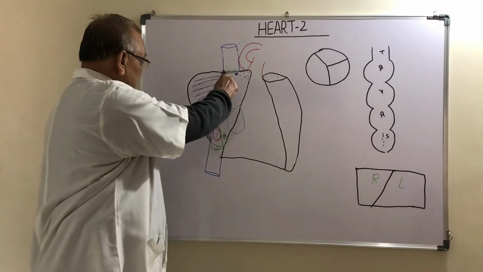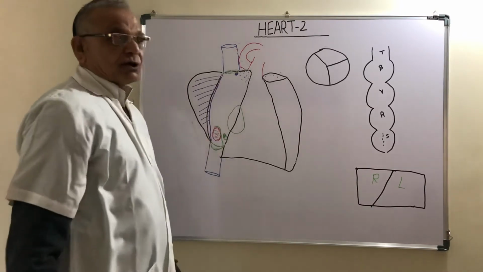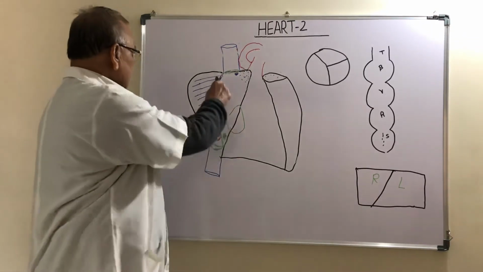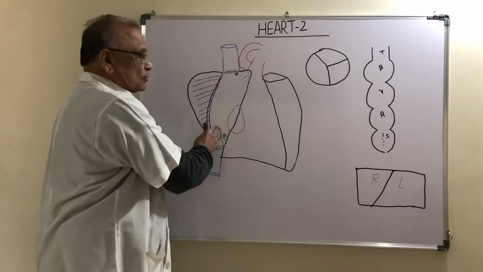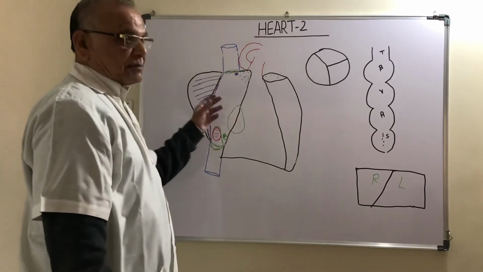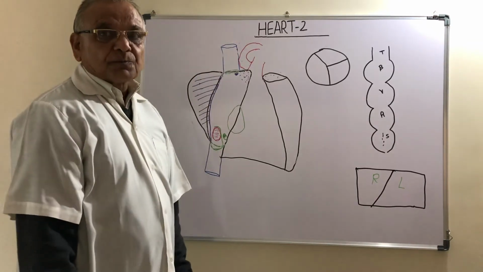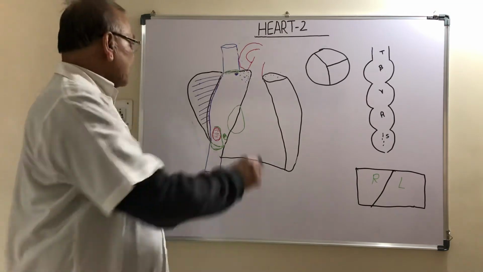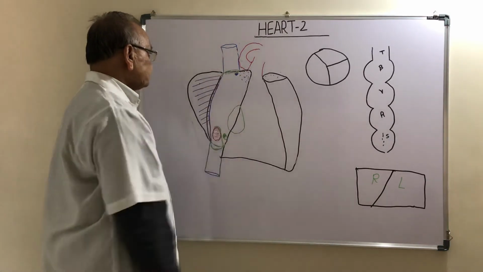The crista terminalis forms the handle of the comb, and the musculi pectinati form the teeth of the comb. So together they resemble a comb in shape, and that is why this part is called the pectinate part.